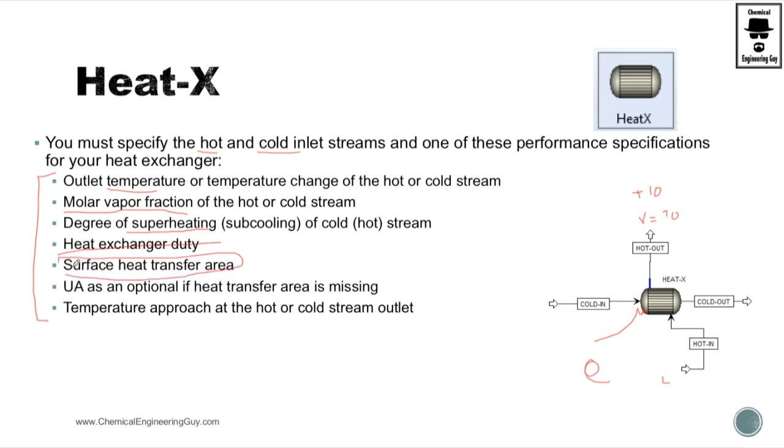Also, you can add the surface heat transfer area. This will, remember, change these values right here. So if U is relatively fixed and you increase the area, you will increase the heat duty if the logarithmic temperature difference remains the same.